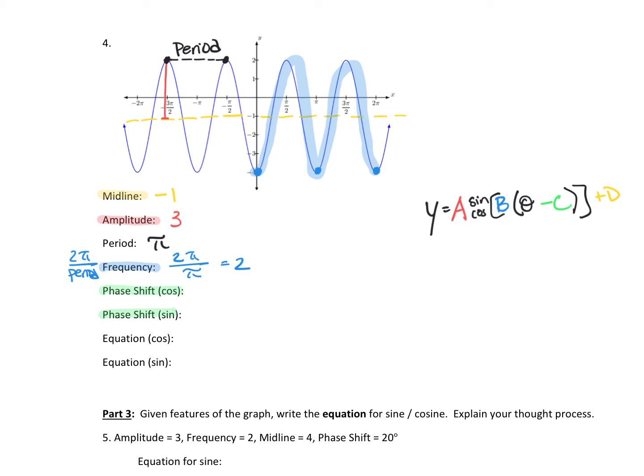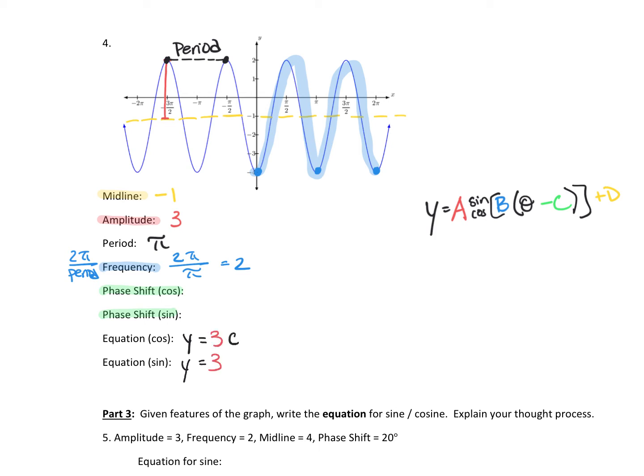So before we get to our shifts, I want to actually write our equations. Because the really cool thing is, I'm going to have you write 2 equations, and our midline, amplitude, and frequency are going to be the exact same for both of them. The only difference is going to be the shift. So let's get started. Both of them are going to have y is equal to an amplitude of 3.